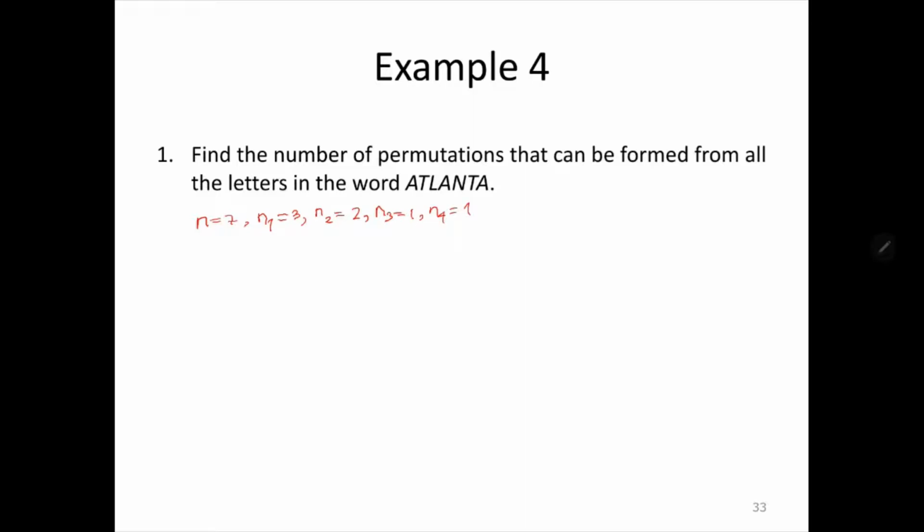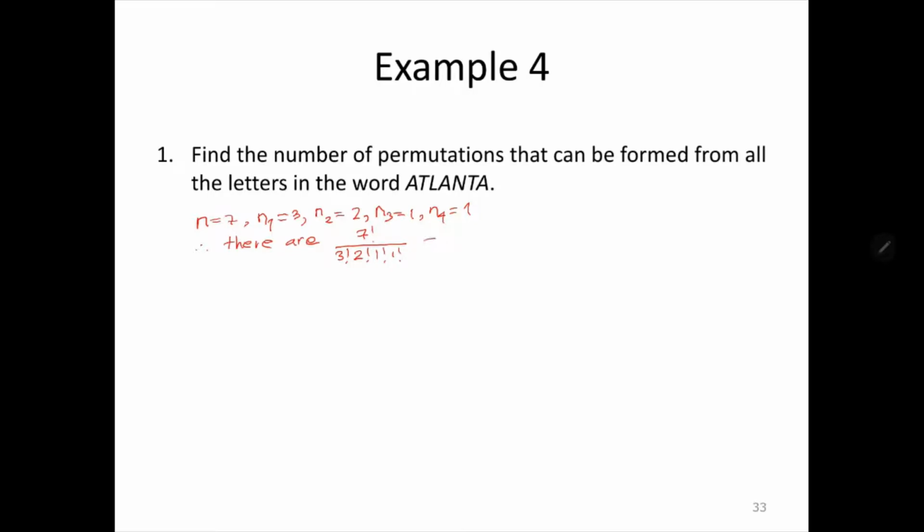So how many permutations do we have? Of course, we just use the formula. N factorial over n1 factorial times n2 factorial times n3 factorial times n4 factorial.